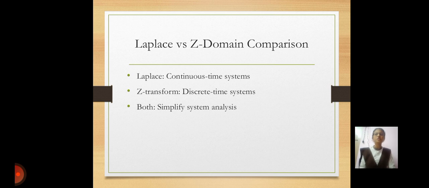Both serve the same purpose. They convert the time domain convolution to frequency domain multiplication. This makes the system analysis easier and friendlier to use.